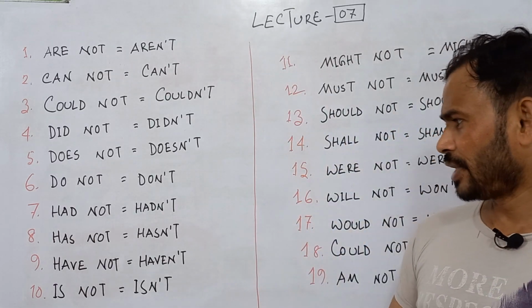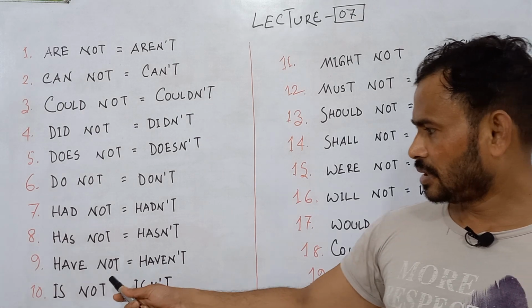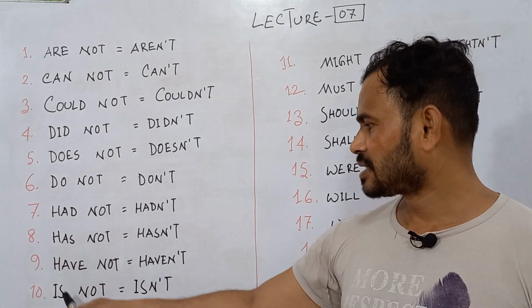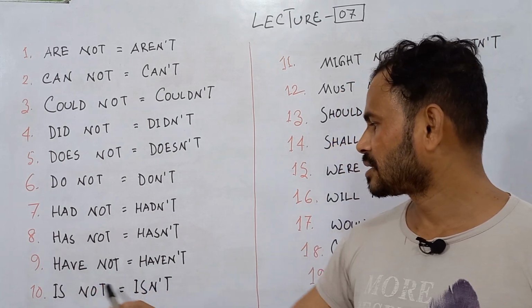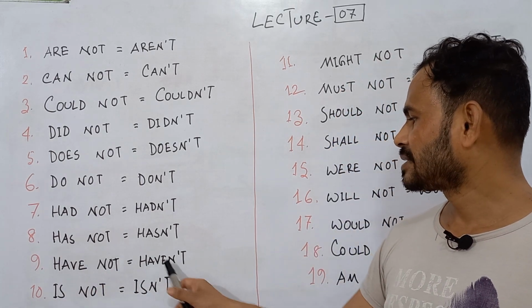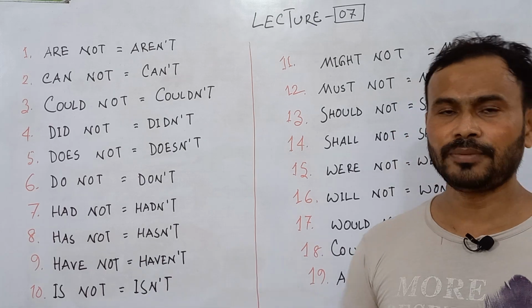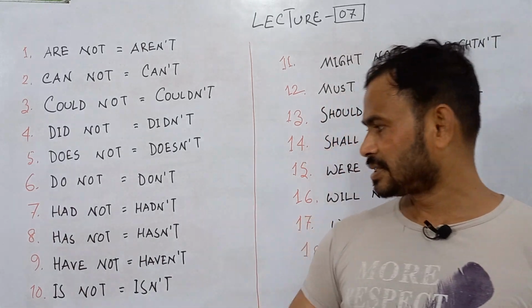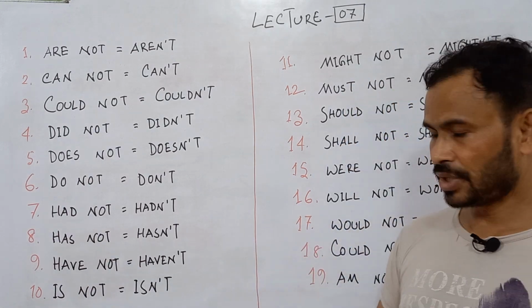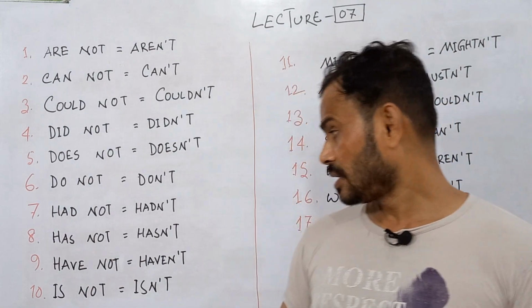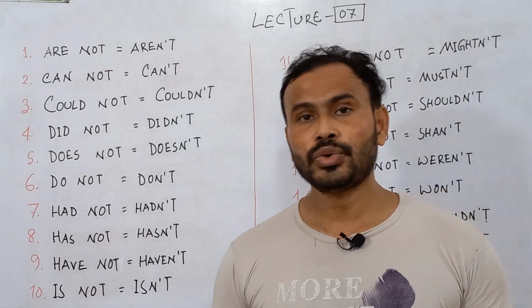Okay, so friends, my next phrase is is not, and the contracted form of is not is isn't. We can say one sentence for is not, which is, he is not doing the work.